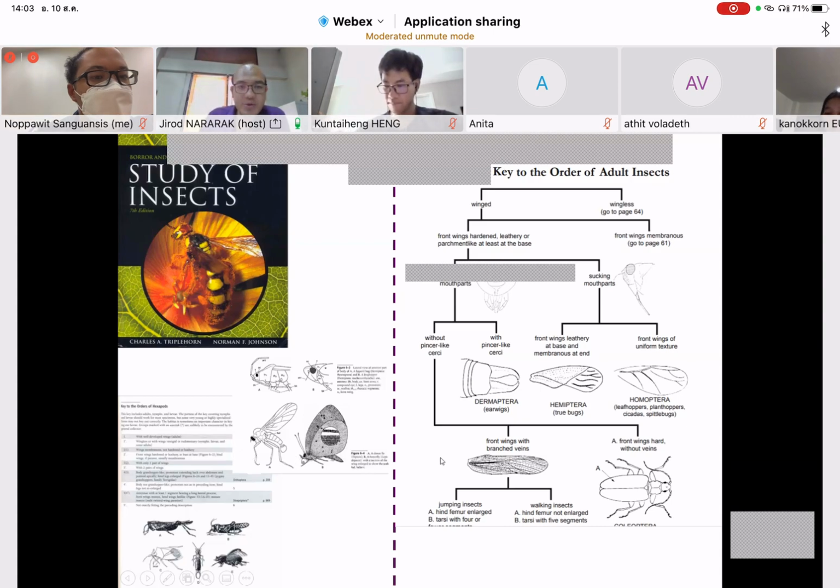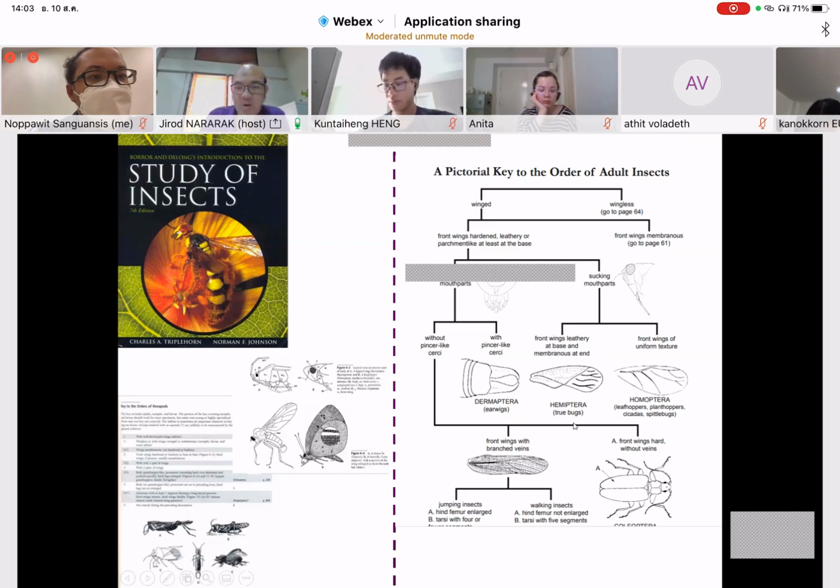As I sent you the two files, one is from this book chapter, which has a little text, and the other one, which is easier to understand, is from pictures. They identify with drawn pictures.